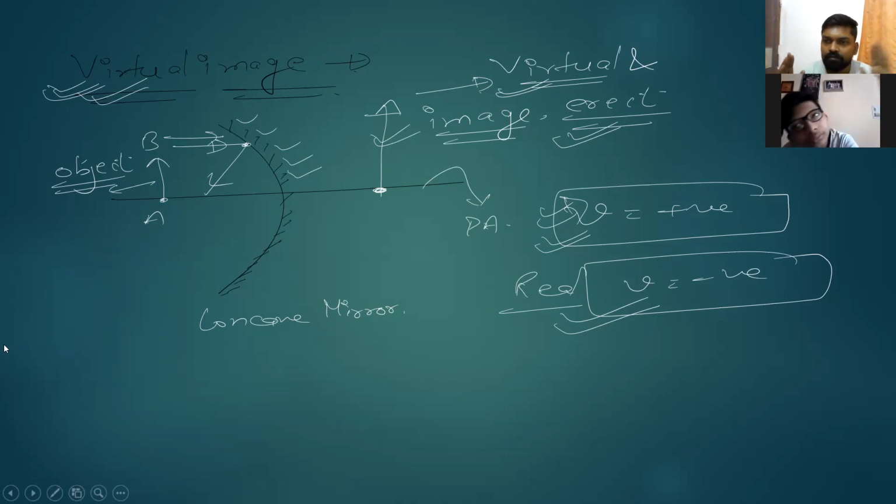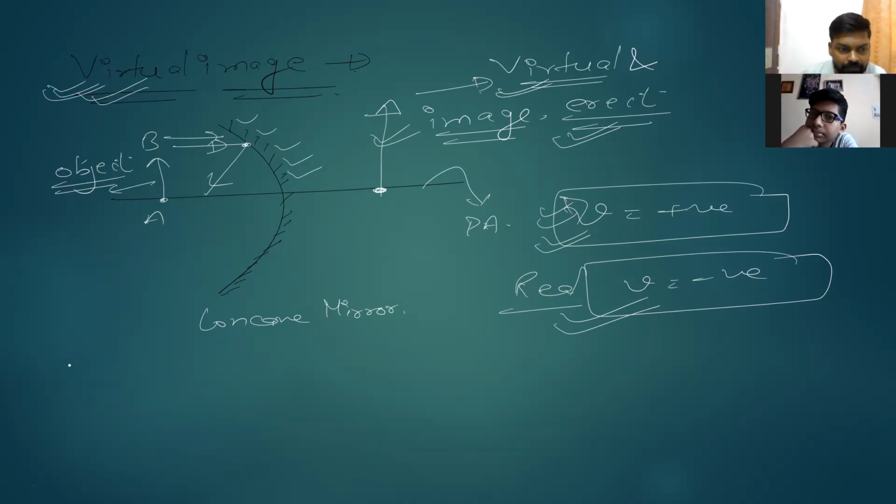And the virtual image will form at the other side of the object, or we can say the right side from the pole. A virtual image is always formed at the right side of the pole.